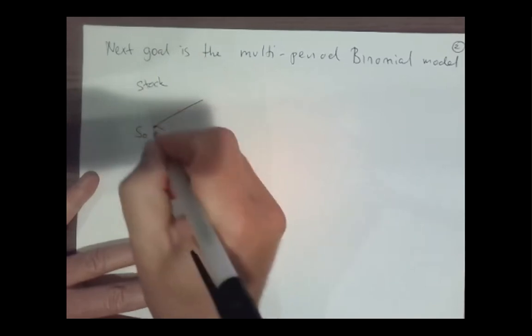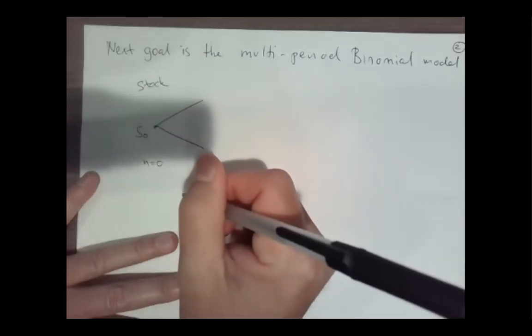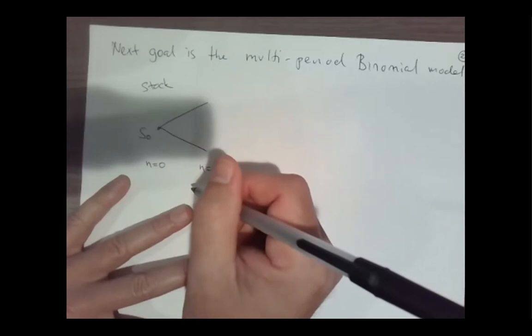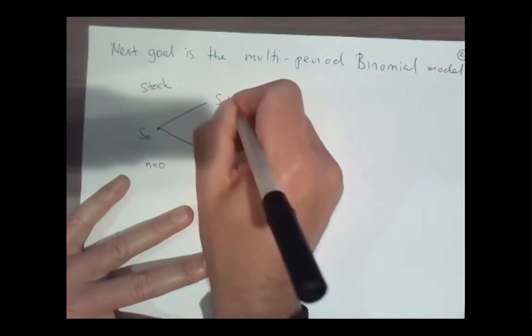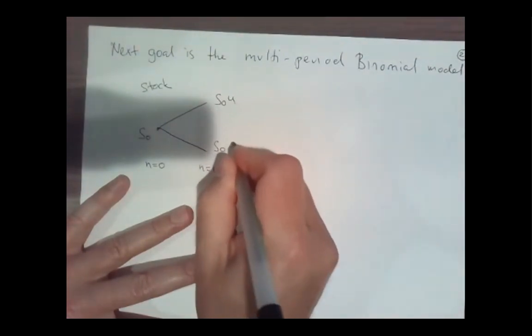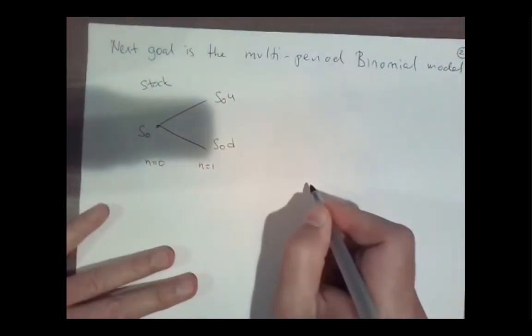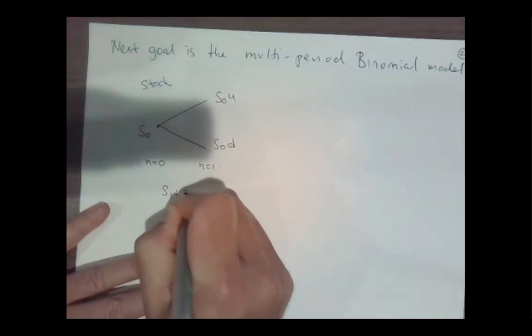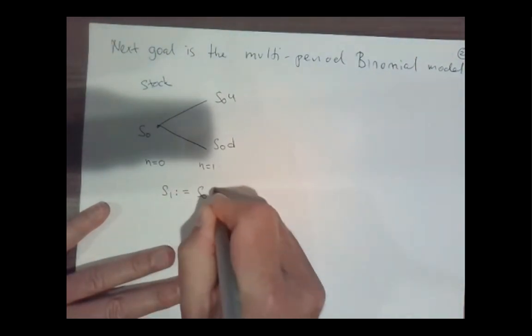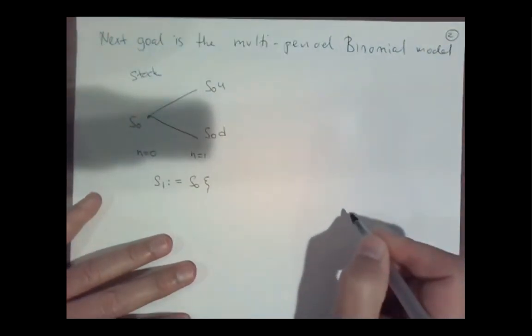We start out here, we flip a coin, and depending on whether the coin comes up tails or heads, we go either up or down. So S1 is defined as S0 times a random variable psi.